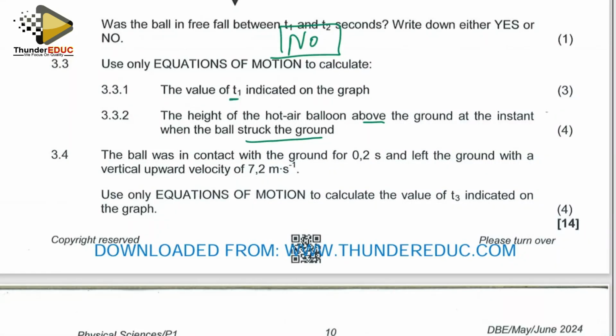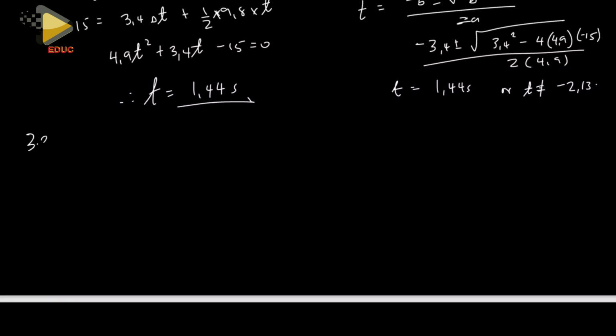This is 3.3.2. The time is 1,44 seconds. Now we need the displacement, which is delta y. We know that the acceleration is going to be 0 since there is no change within the velocity.